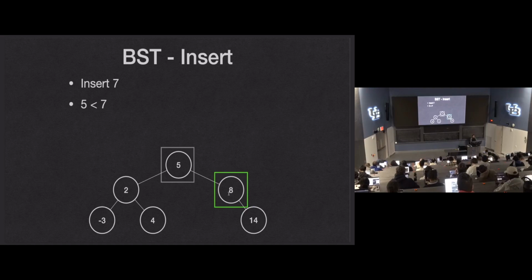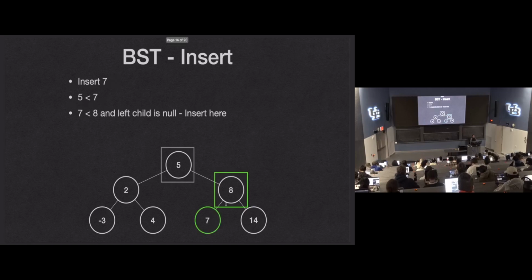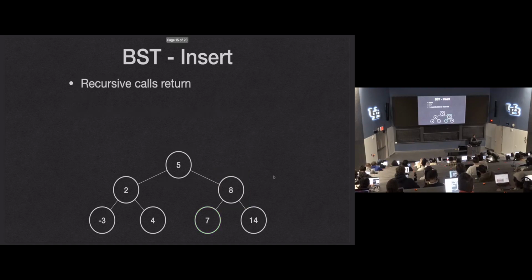Everything that's less than 8 has to be in its left subtree. And its left child is null, so we don't have to make another recursive call. We've found the home for 7, and we're going to insert 7 in a new node right there as the left child of 8. And all the recursive calls return.